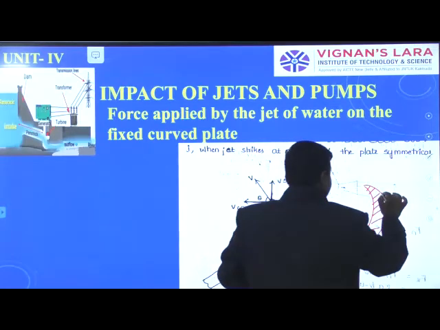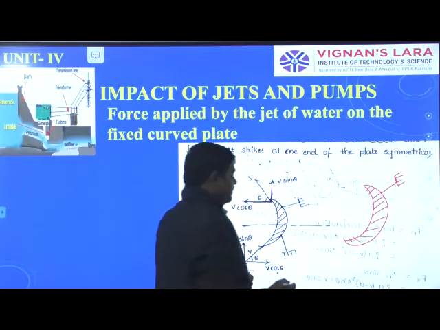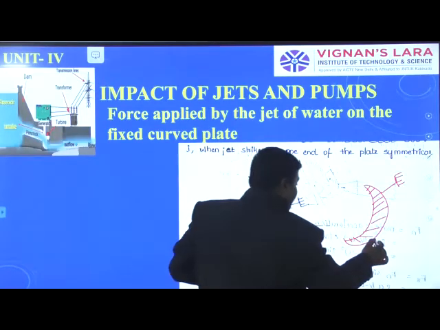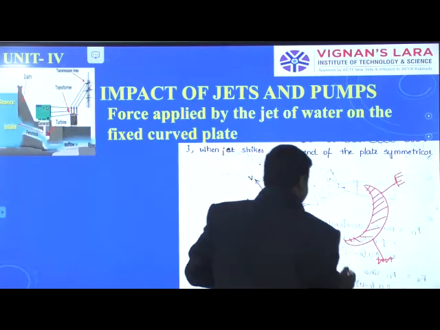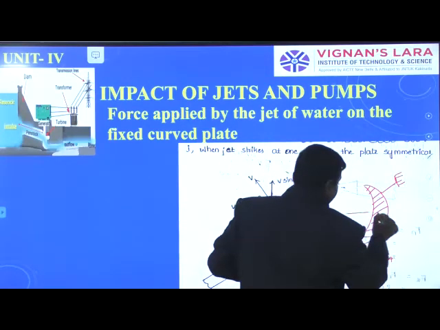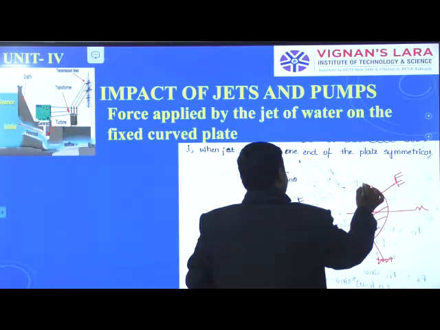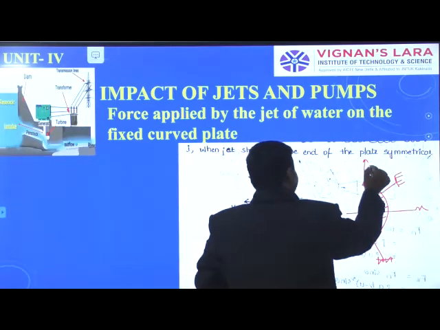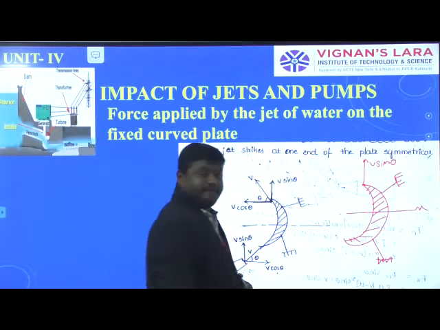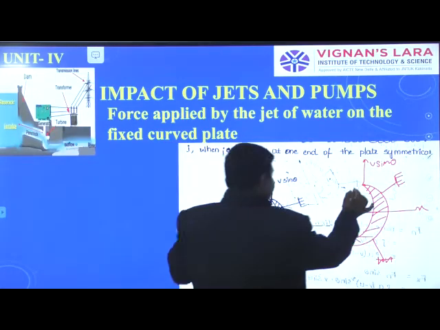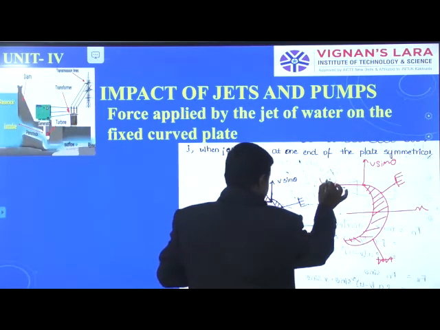Here the support is fixed. In this direction is the x direction. Then we take the vertical component, v sin theta, and this one is v cos theta.